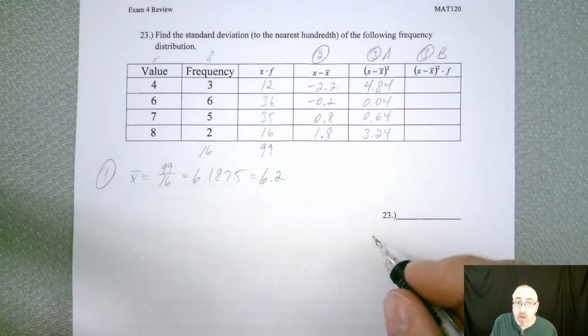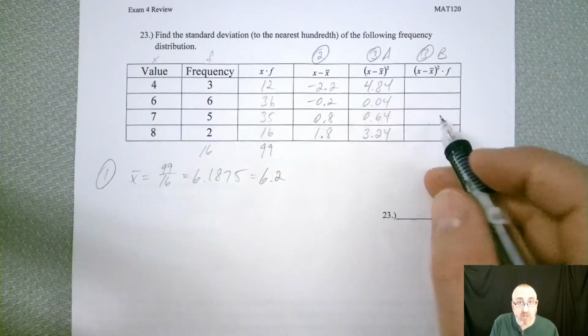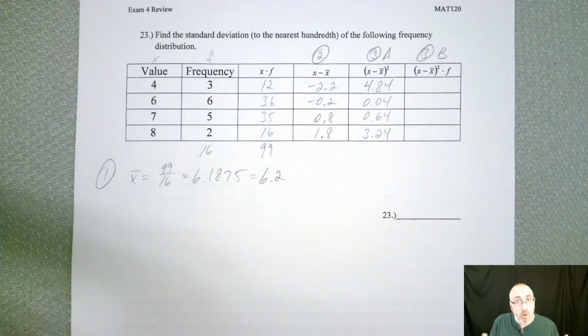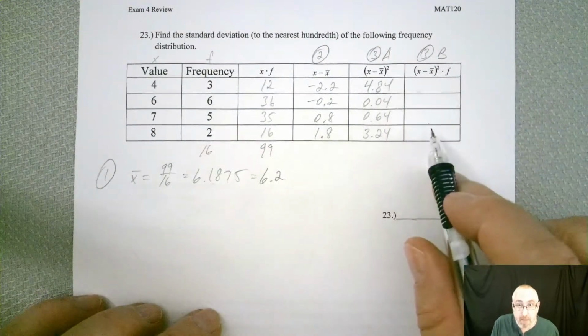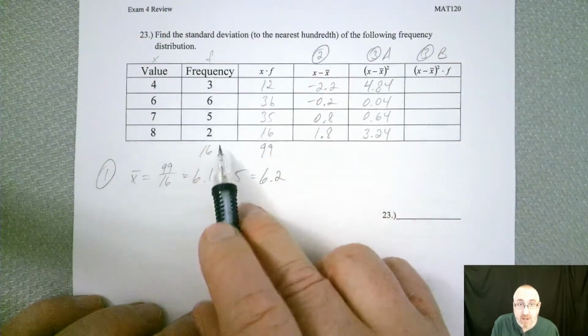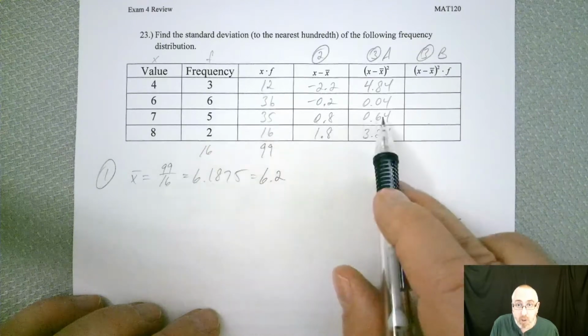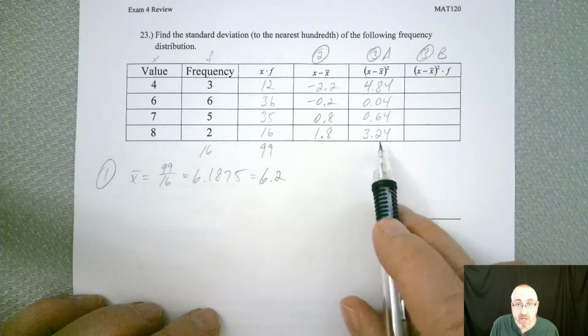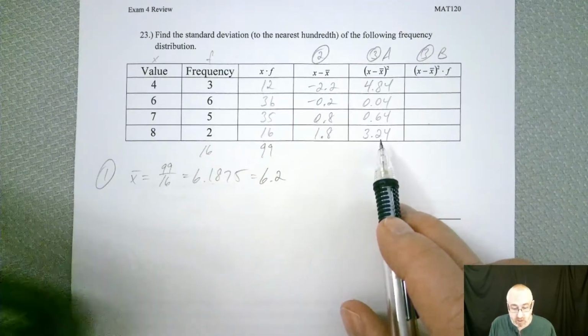Now normally we don't have this column when you just have a list of data, so we normally skip to step 4, but with a frequency distribution we have to do this extra step because we have to make sure we account for all of that repetition. All those frequencies are important. They have to be applied to each of these squared results.